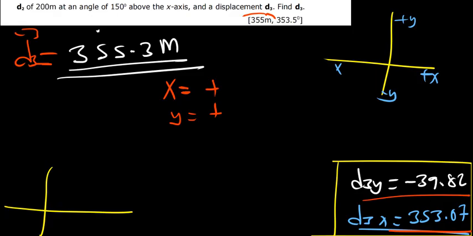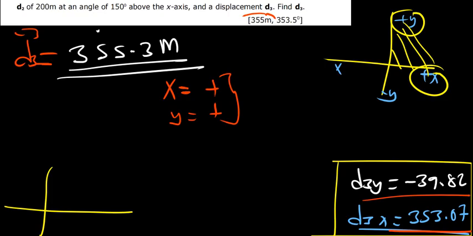But in a case where you come across both are positive, just know that the angle is in the first quadrant. In the first quadrant, that's where we can see that y is positive, x is positive. So when the angle falls in the first quadrant, you use this formula: theta is equal to tan inverse of the y component divided by the x component.